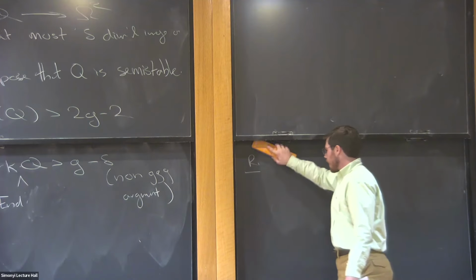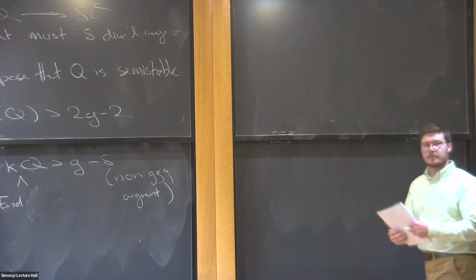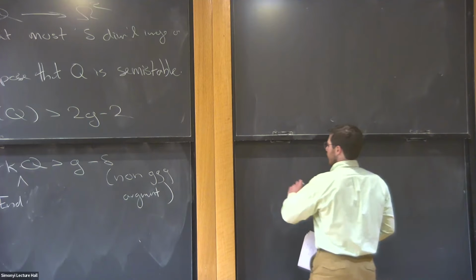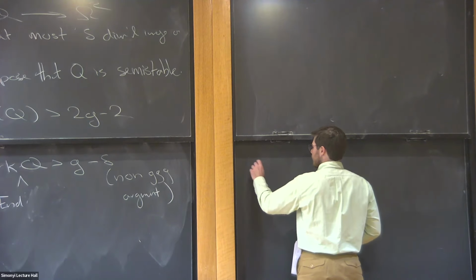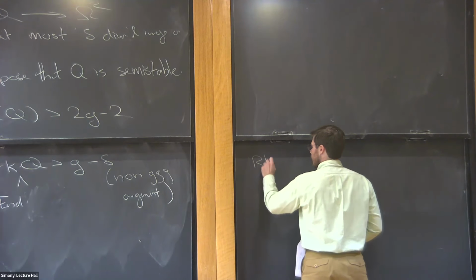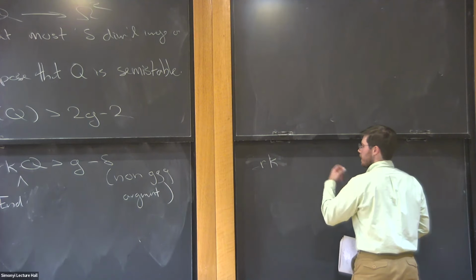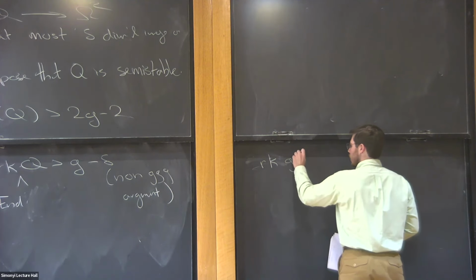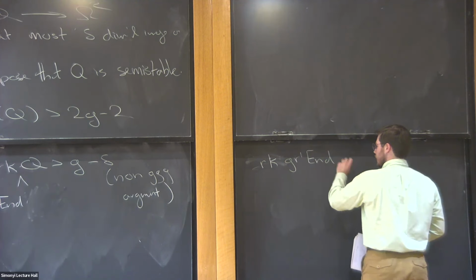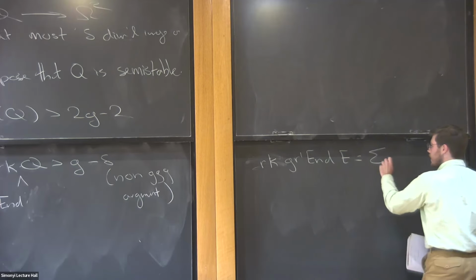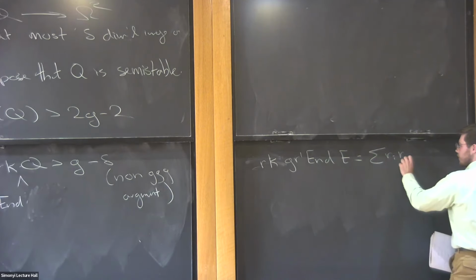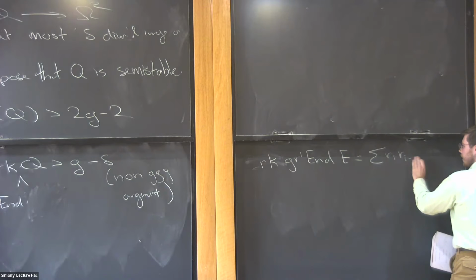The way we're going to do that is AM-GM. So I can write the rank of E, let me say the Gr^1 of NE, as the sum of the consecutive ranks of the graded pieces.